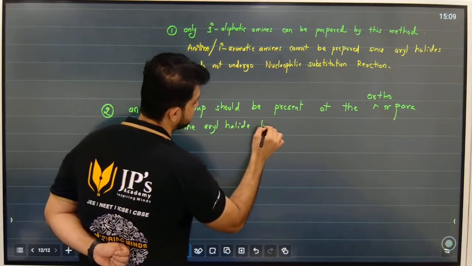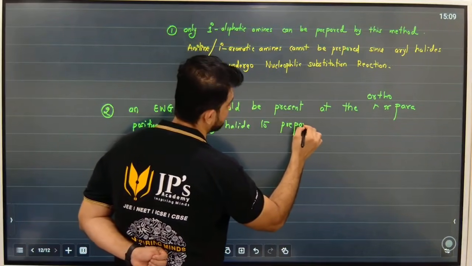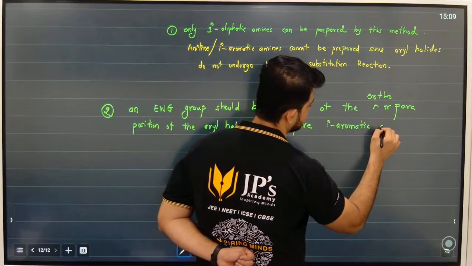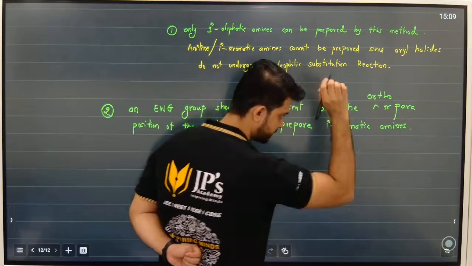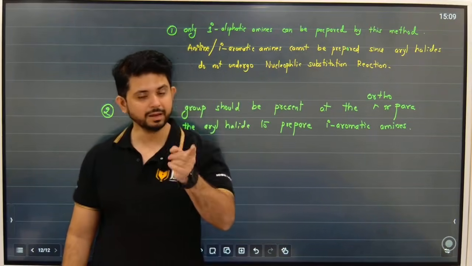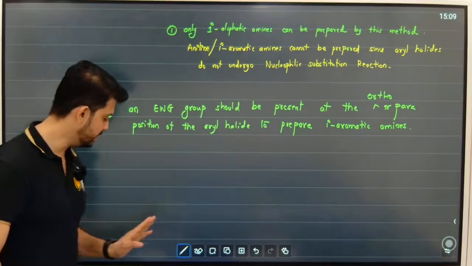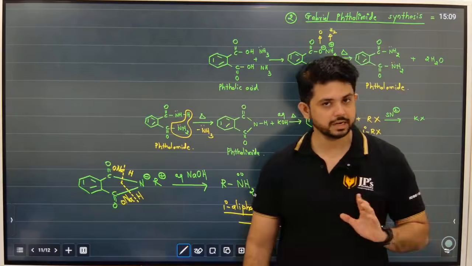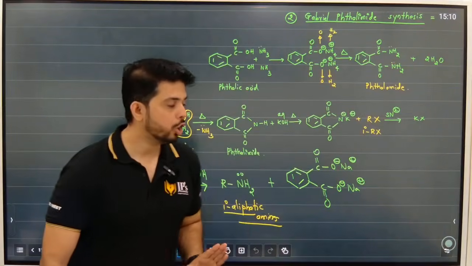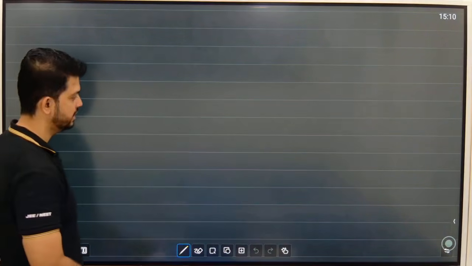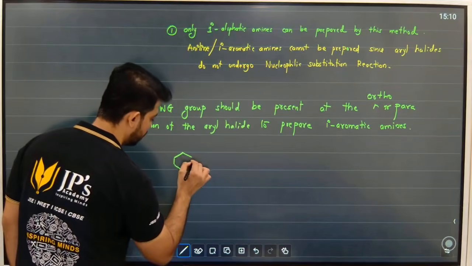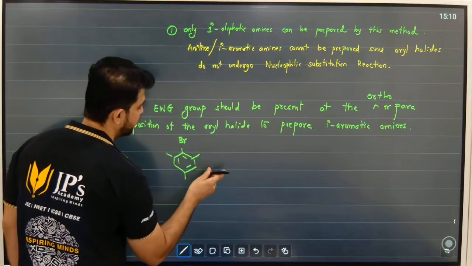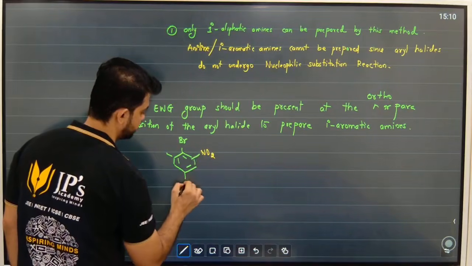I repeat students. So if you want to prepare primary aromatic amines, हमारा जो aryl halide हम use करेंगे over here, instead of the primary alkyl halide, primary aryl halide होगा, but वहाँ पे ortho para position पे you need a electron withdrawing group. For example, जैसे यहाँ पे अगर ब्रोमो लगा दिया तो electron withdrawing group at the ortho para position.